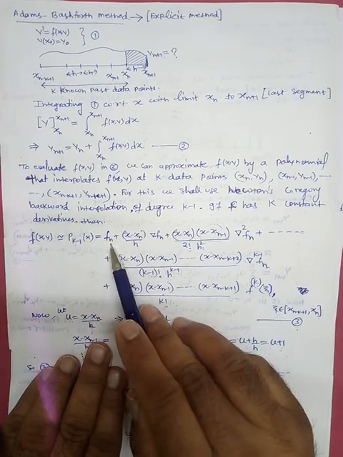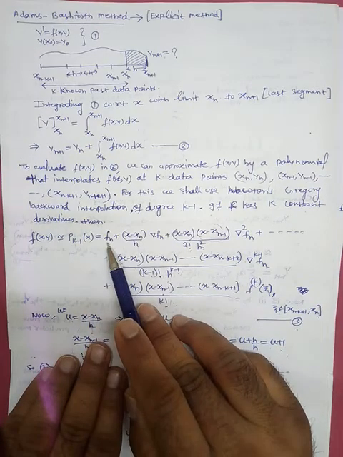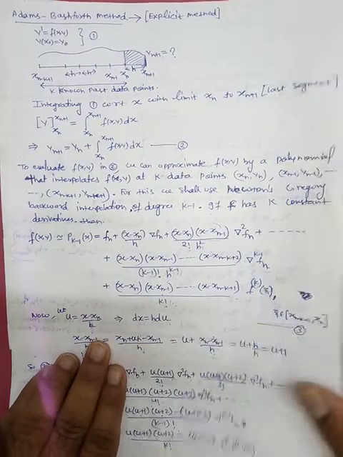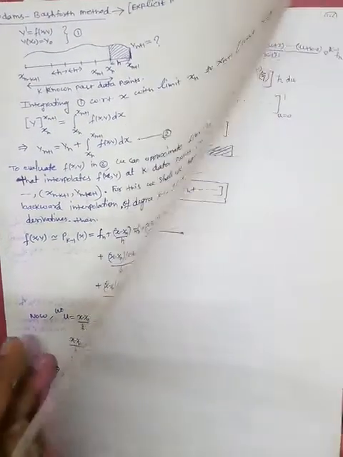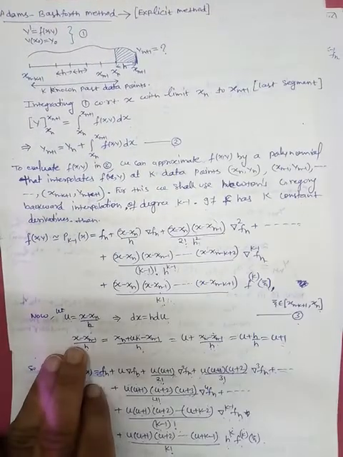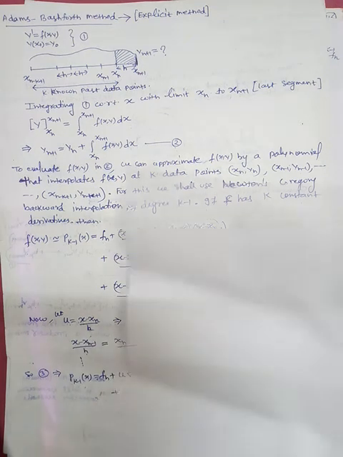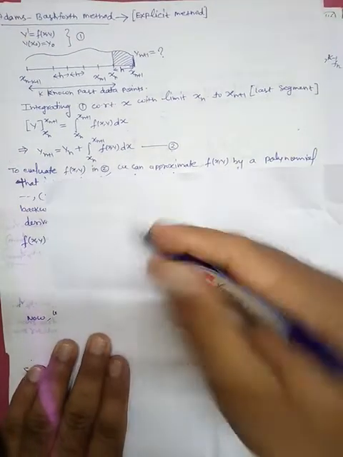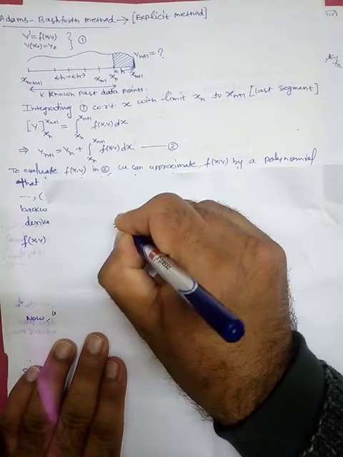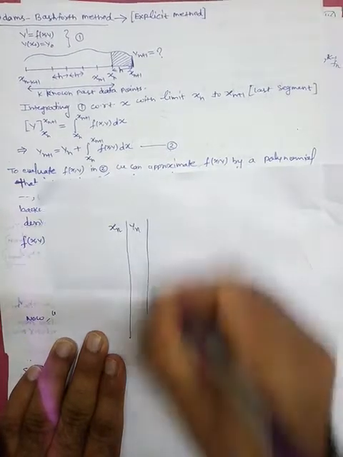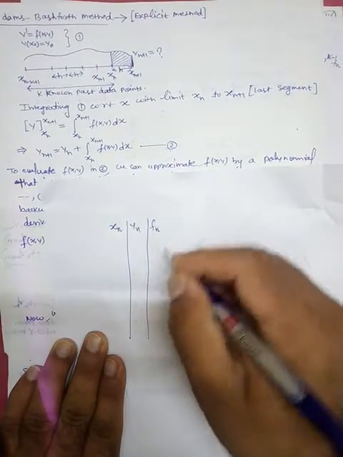This is equal to fn. Fn means the value of the function at the last point. Let's see the table. Here, the last point is basically xn, yn, and the corresponding f of n.